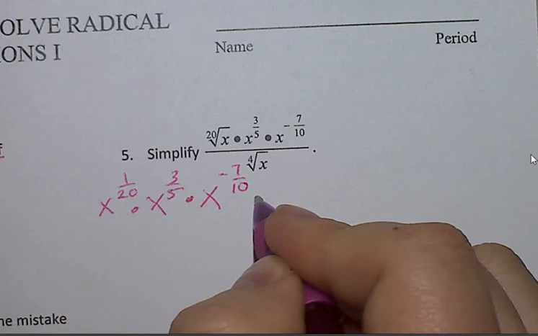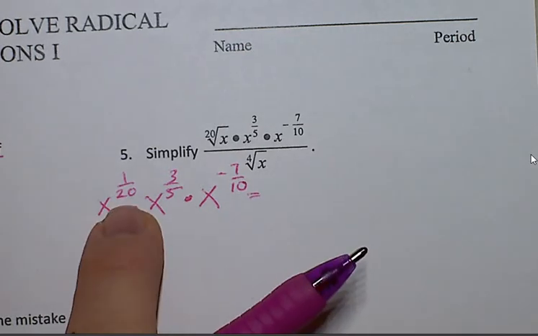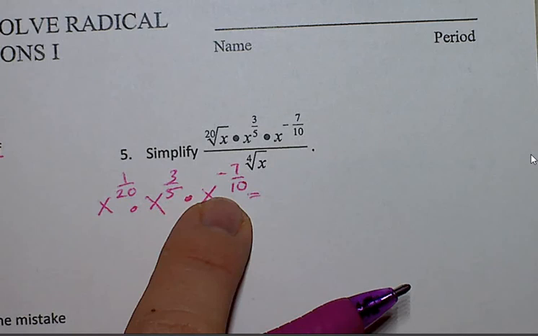Grab a calculator right now. Put in parentheses 1/20th plus parentheses 3/5 plus parentheses -7/10.